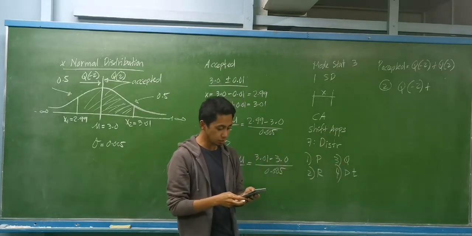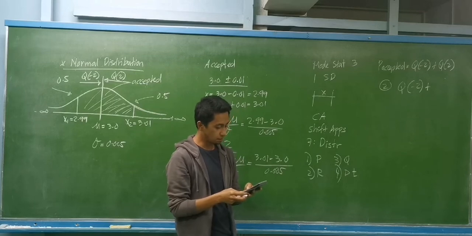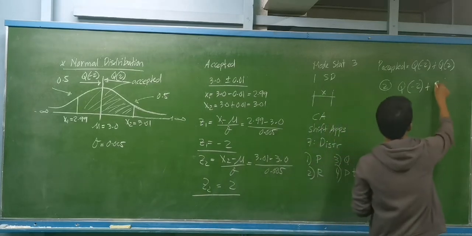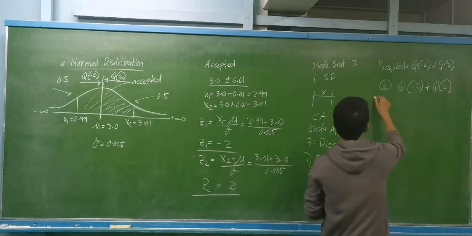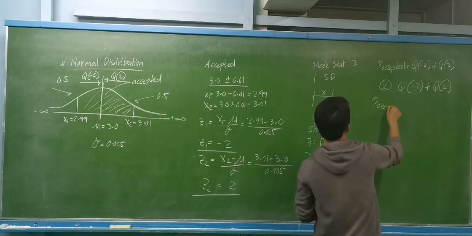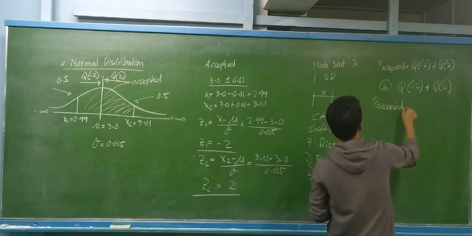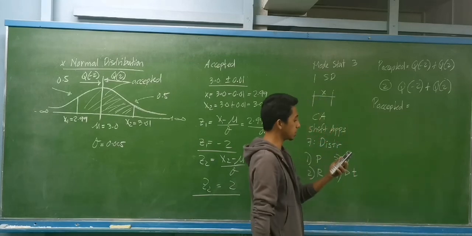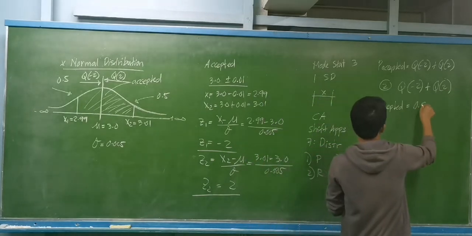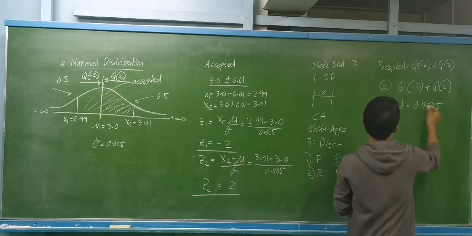So, plus, Shift STAT number 7 distribution, then number 2 again. Let me bring out Q of positive 2. So, this is the probability of accepted. Alright, this is positive 2, then plus equals, and what comes out is 0.9545.